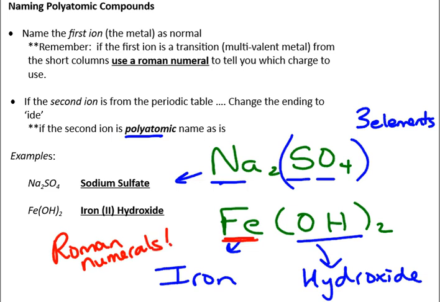Checking your periodic table, we see that iron sometimes has a charge of +2 and sometimes has a charge of +3. I can see from the formula that I must have used iron with a charge of +2. So this name will be iron 2 hydroxide.